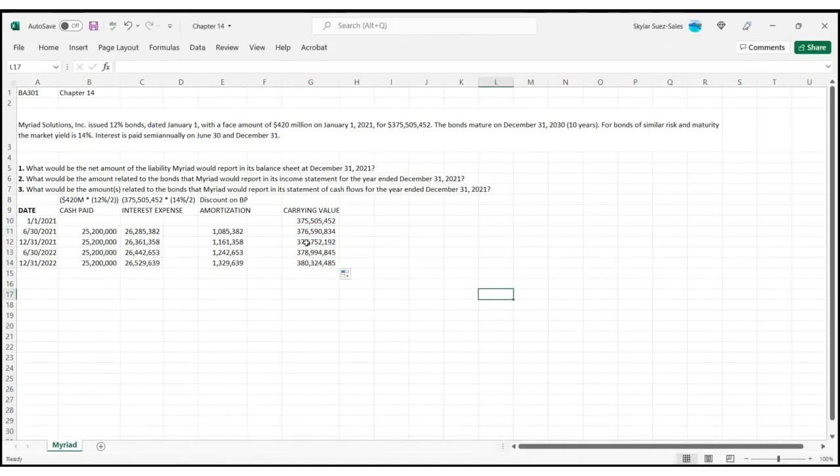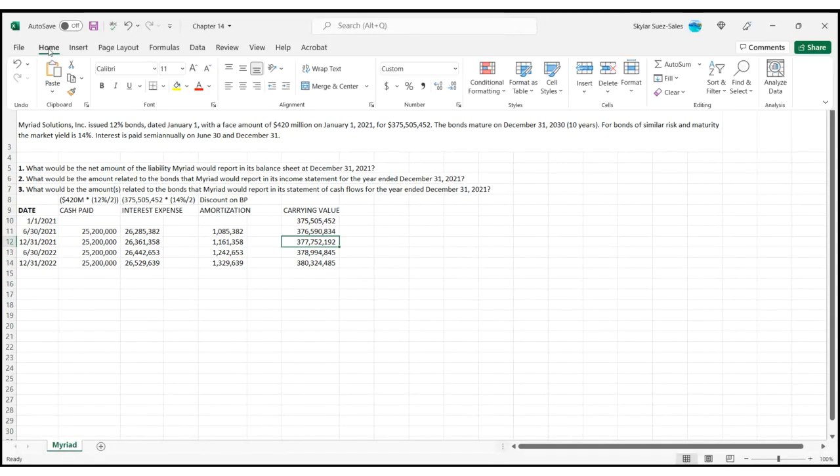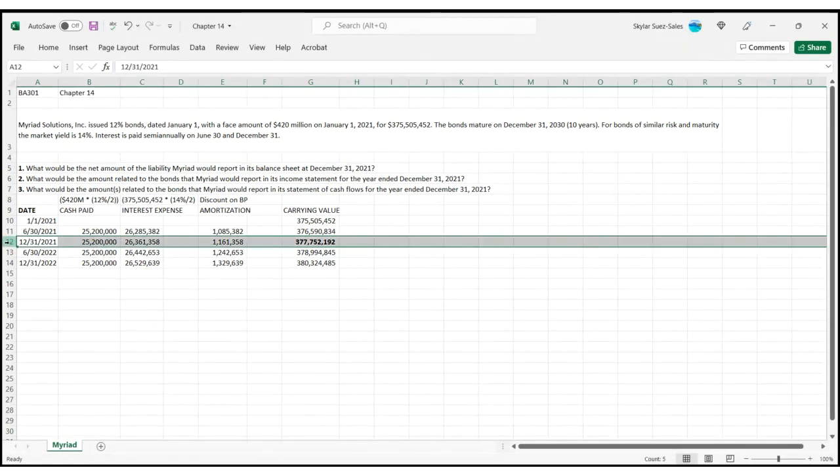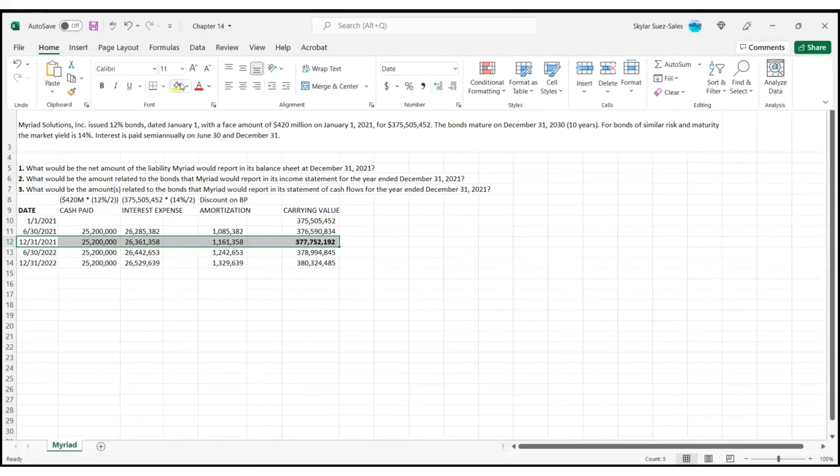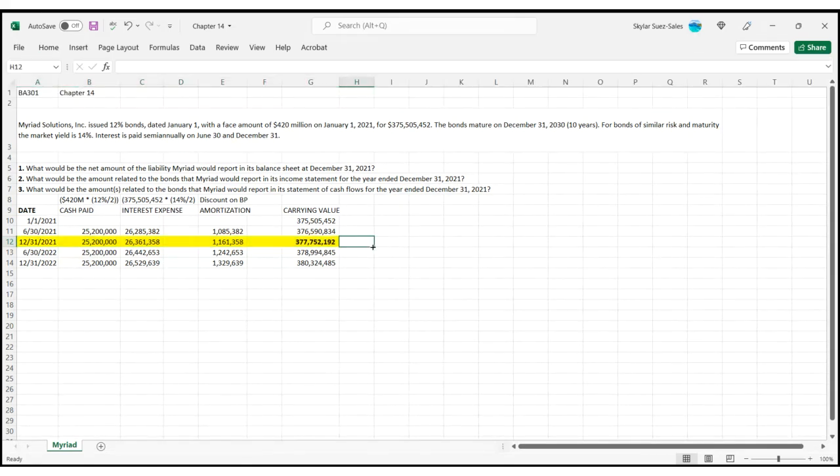All right, so we are asked what would be the ending balance of our liability. So that is answered by, right, we need a balance for December 31st. So that's our balance that will be shown on the balance sheet under long-term liabilities, except for the 25,200,000.